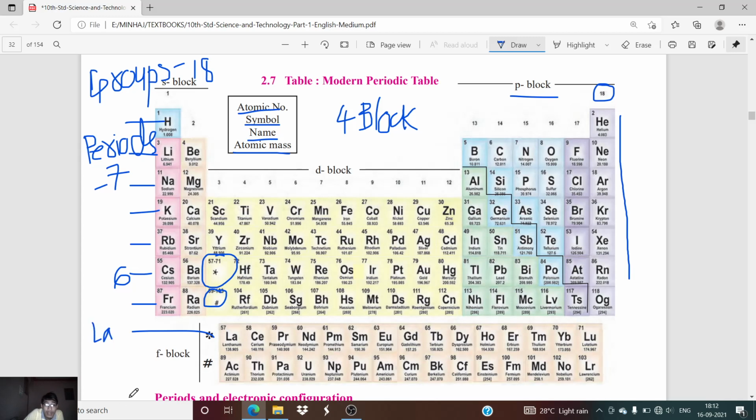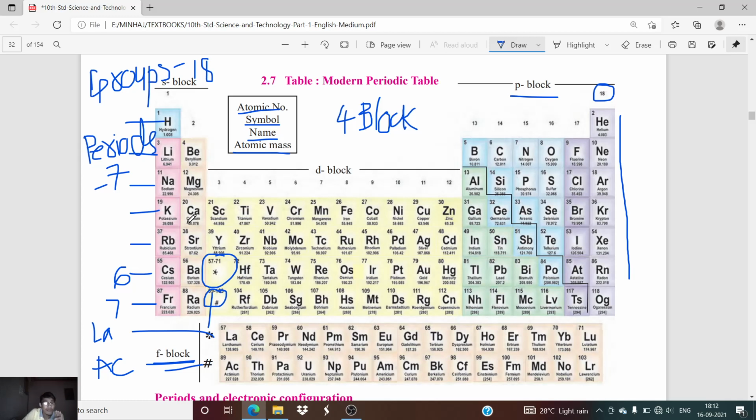And the elements from the 7th period and 3rd group, that is from 89 to 103, are from the actinide series. So these 28 elements are from F block, and these F block elements are called inner transition metals.